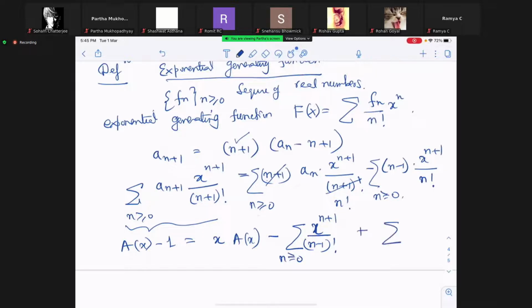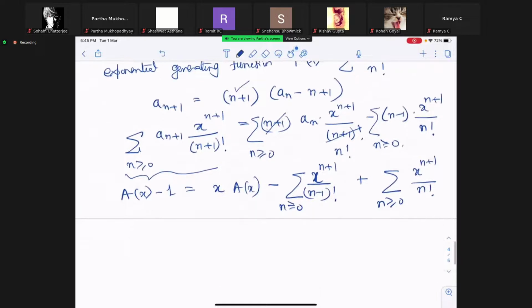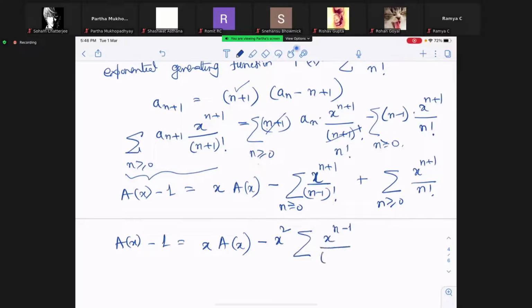And then plus the sum over n greater than or equal to 0 of x power n plus 1 over n factorial. Okay. So this is fine. So what is this term? I'll make x squared, and then you can write x power n minus 1 by n minus 1 factorial.